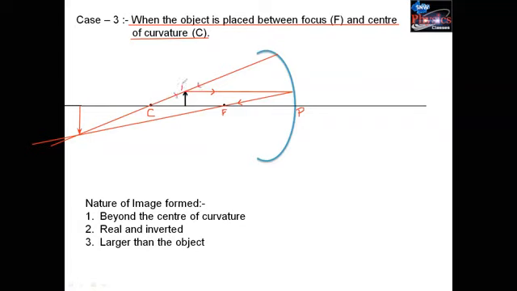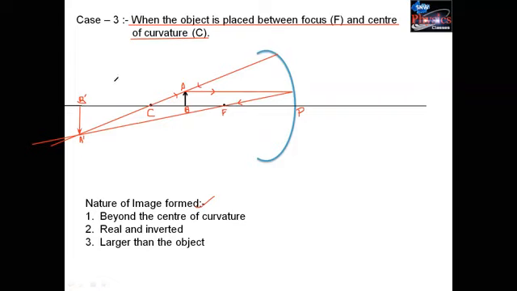Let it be A and this one be point B. So we get the image B dash, and it is inverted. So B will be upside and A will be downward. So the nature of the image formed will be beyond the center of curvature.